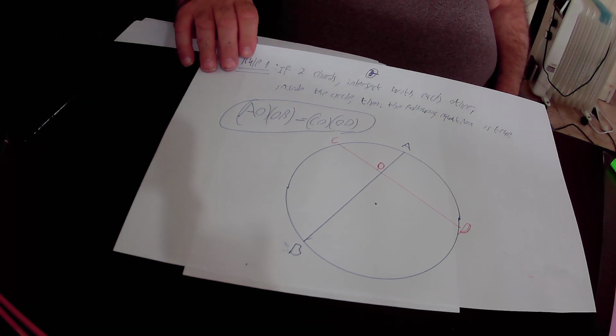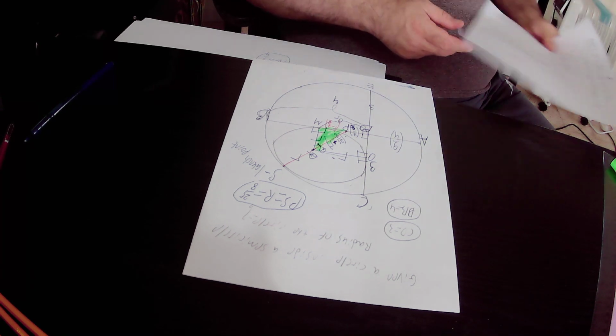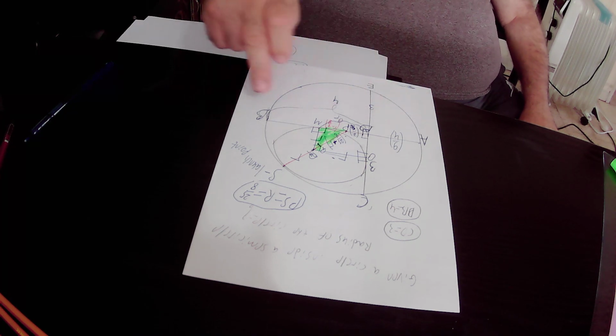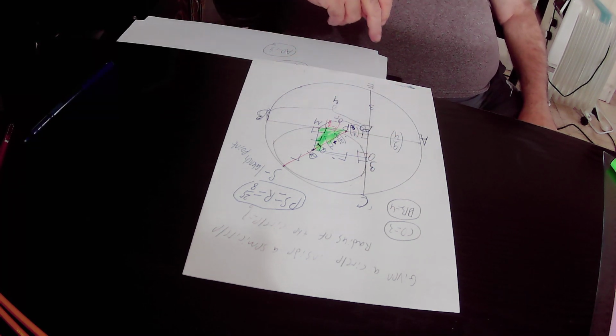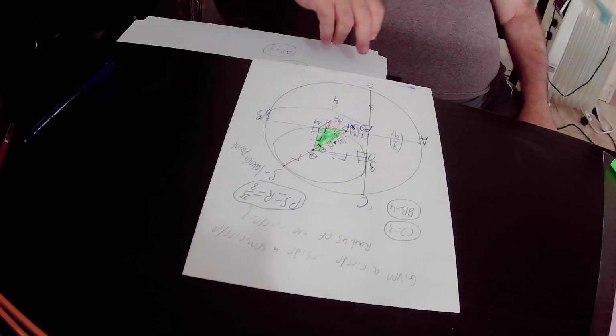So we actually can implement rule number 1 in our drawing. Why? Because in our drawing, we have chord AB that intersects with chord CE at point D. Point D is the intersection point of chord AB with chord CE.